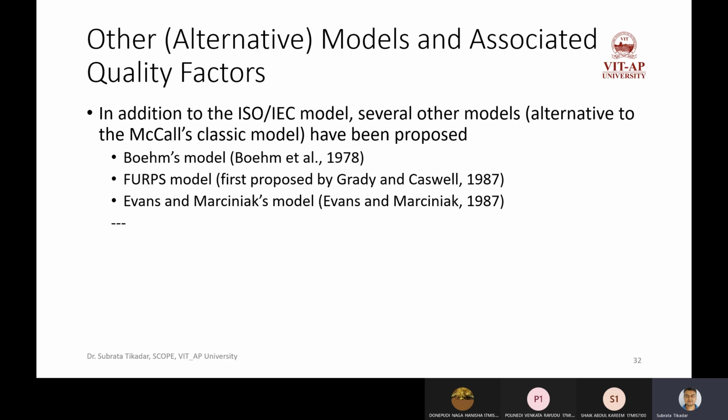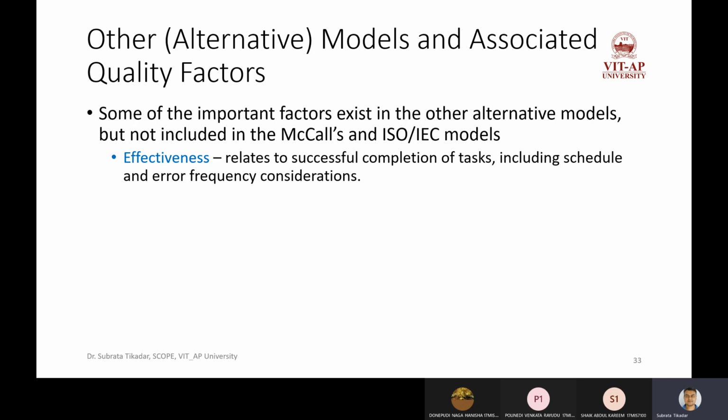So instead, we will know some of the important factors which are not included in the list of factors of ISO-IC and McCall's model. So that will probably help you better. One important factor which is present neither in McCall's model nor in the ISO-IC models is effectiveness. Effectiveness relates to successful completion of task including schedule and error frequency consideration.